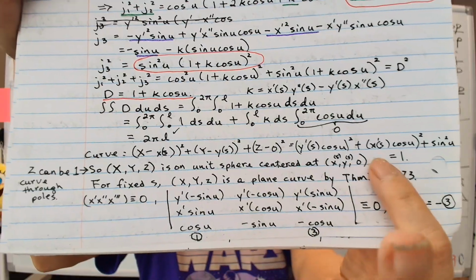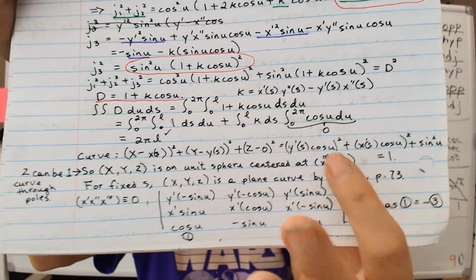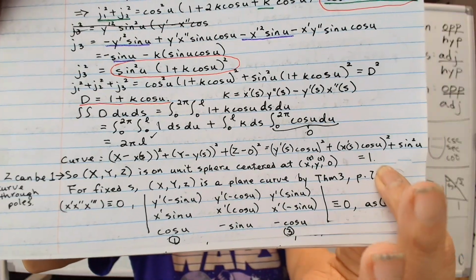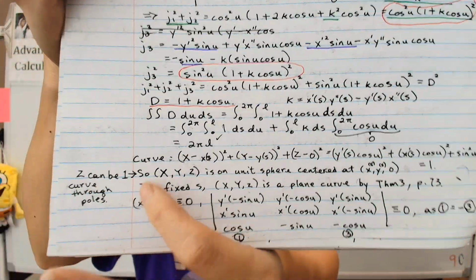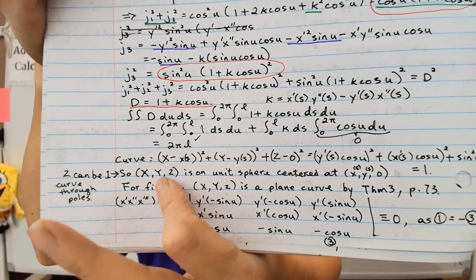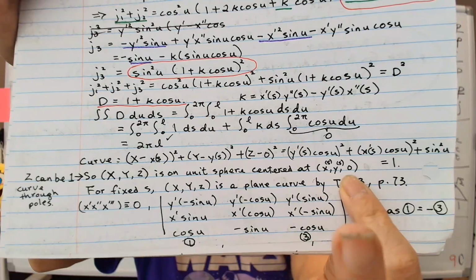Remember, y prime squared plus x prime squared equals 1, and the sine squares and the cosine squares and whatnot. Anyway, it all ended up being just 1, which means that the surface xyz is on the unit sphere centered at x of s, y of s, and 0.